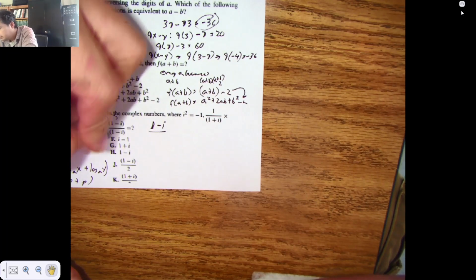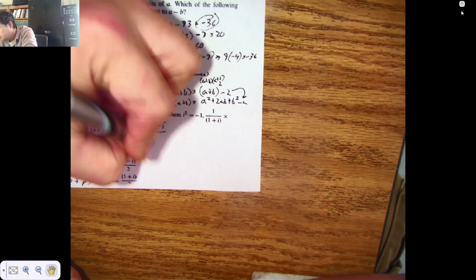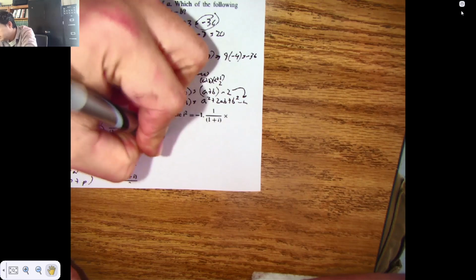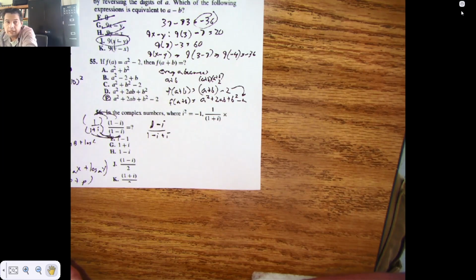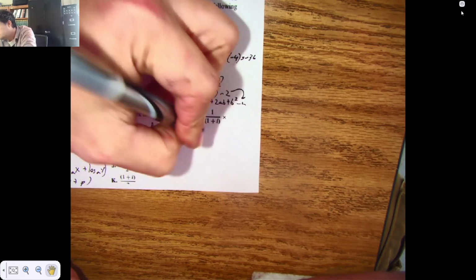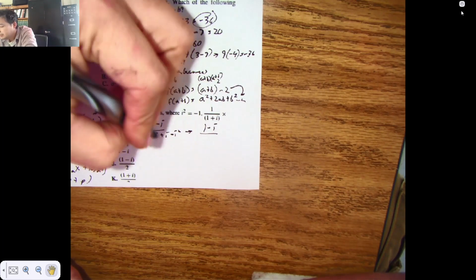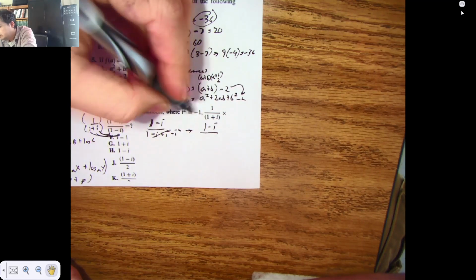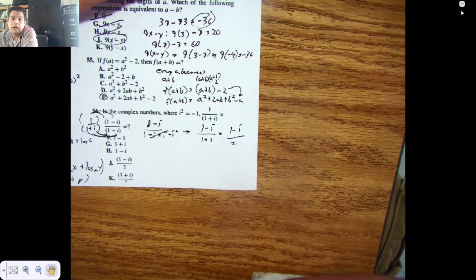Down low, you're going to FOIL: 1 minus i plus i times negative i, minus i squared. Top is still 1 minus i. Cancellation. Negative i squared would be positive 1. So 1 minus i over 2. Ta-da!